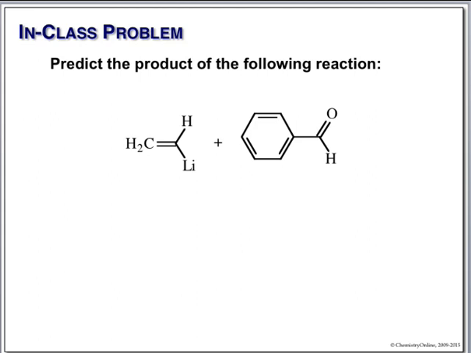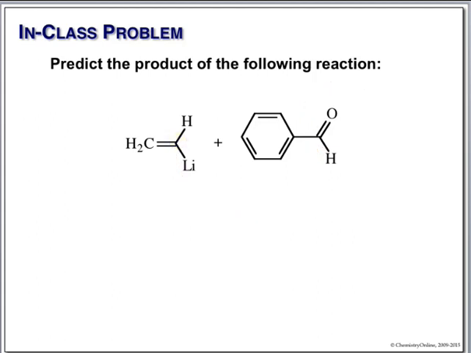It's an aldehyde, so we will get a secondary alcohol. And our double bond is going to go along for the ride. That's our mechanism. This carbon is our nucleophile. The tricky thing here is remembering to put the bond in.